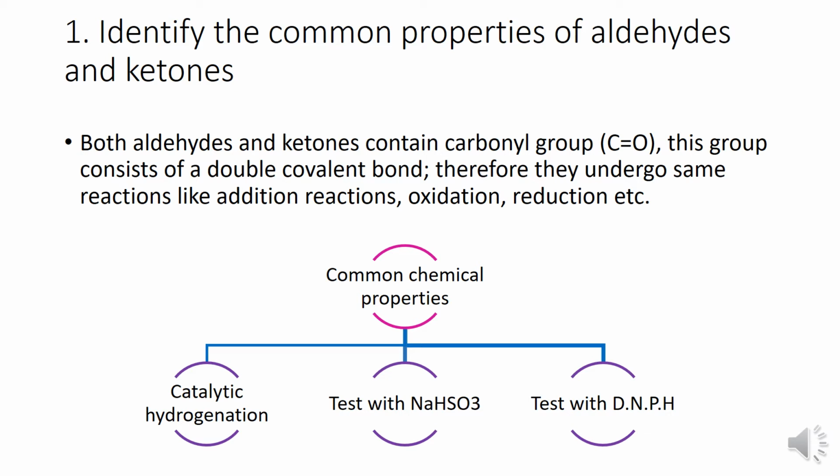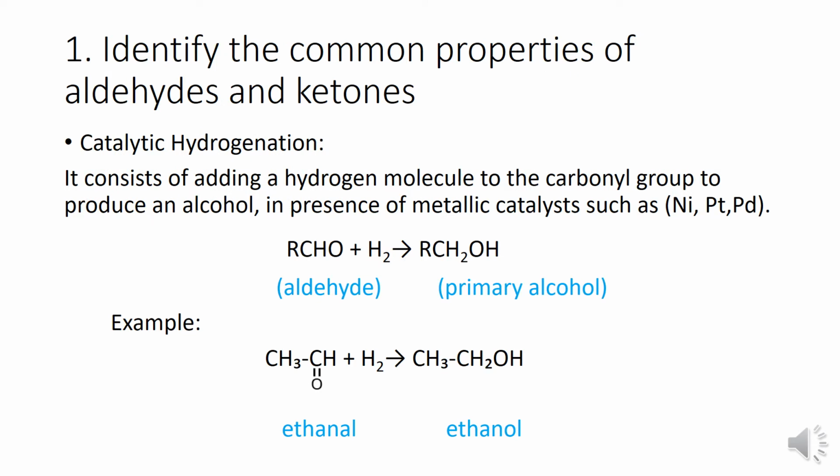Let's explain each one alone. Start with catalytic hydrogenation. It consists of adding a hydrogen molecule to the carbonyl group to produce an alcohol in presence of metallic catalysts such as nickel, platinum or palladium.